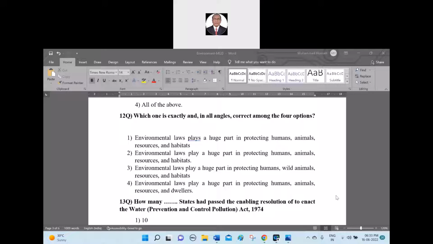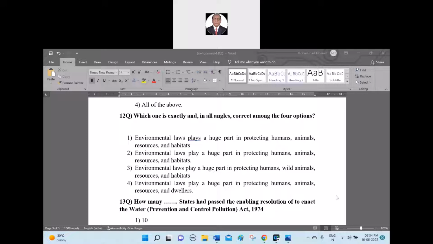But if you see the third, environmental law plays a huge part in protecting humans, wild animals. There is no wild animals. They say animals only. So it is wrong. I added wild. Number 4, environmental law play a huge part in protecting humans, animals and resources and dwellers. There is no dwellers. It is a habitat.